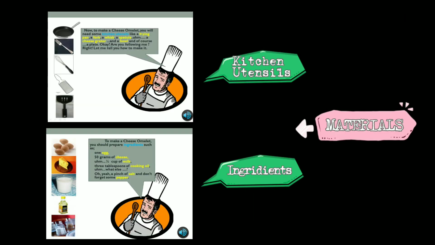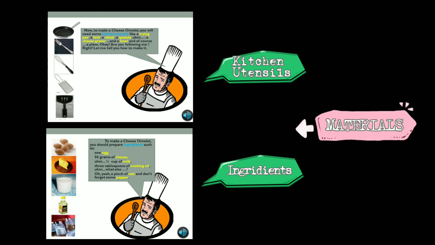The second steps for writing procedure text is telling about materials. Langkah kedua penulisan teks prosedur adalah menyebutkan bahan-bahan, alat-alat, dan perlengkapan lain yang diperlukan. Dan pada teks yang sudah kamu dengar sangat jelas, pembicaranya menyebutkan tentang kitchen utensils and ingredients.